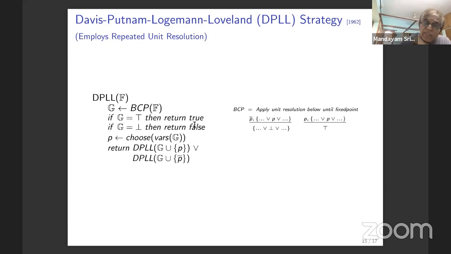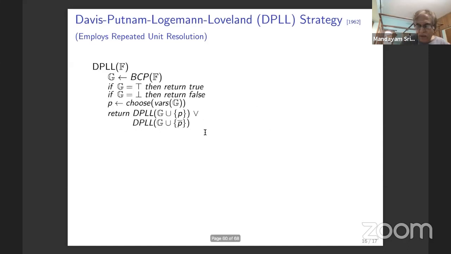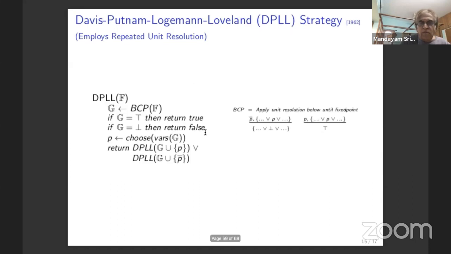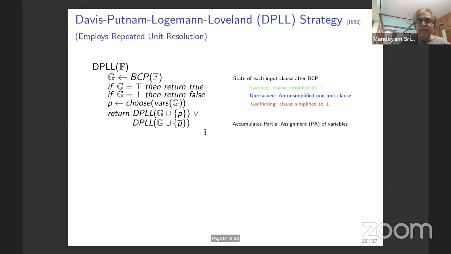Now, at the end of that, you might still be forced to choose an assignment to a variable. When you're done with this and you still have not received true or false, I think this slide will show that.